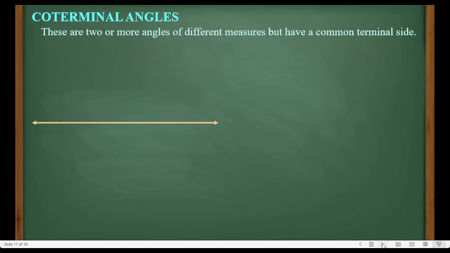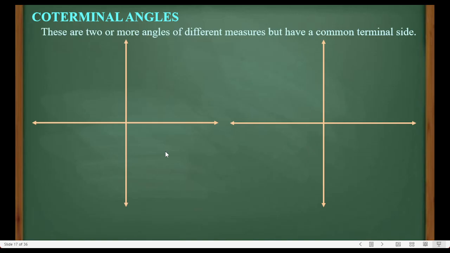Take this for example. Let us consider again the rectangular coordinate system, the x and y axis, or the coordinate axis. So we have two Cartesian planes or two rectangular coordinate systems.